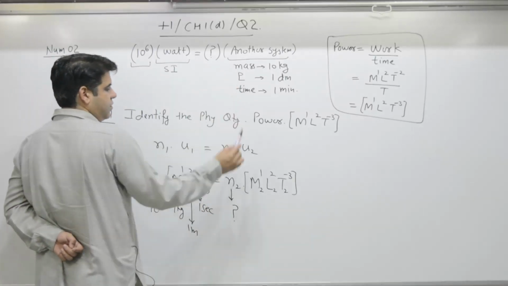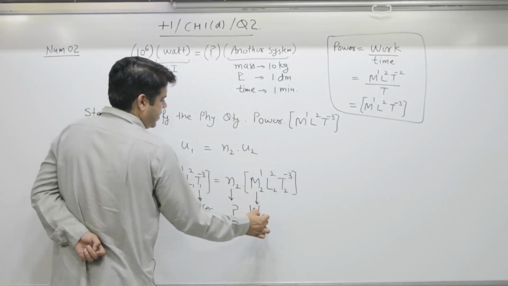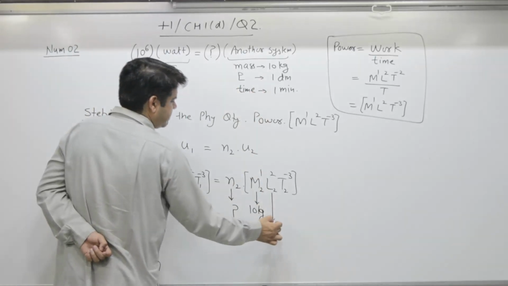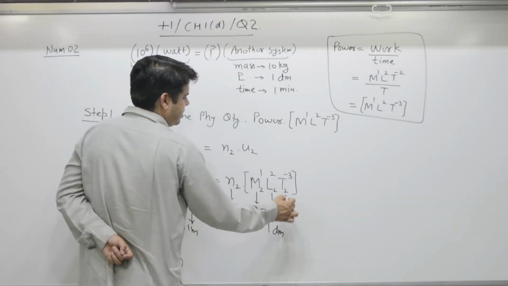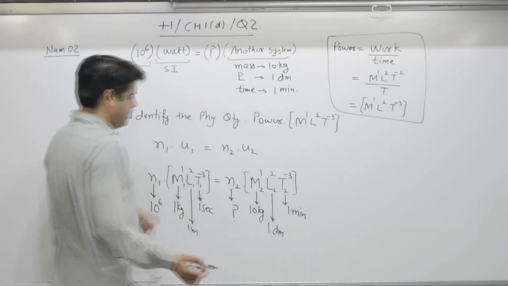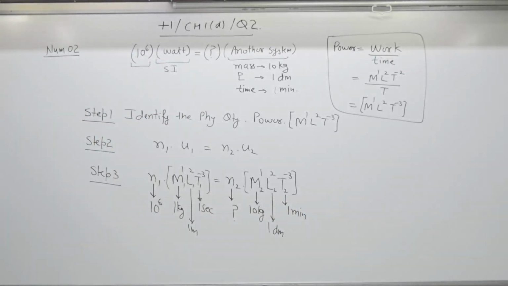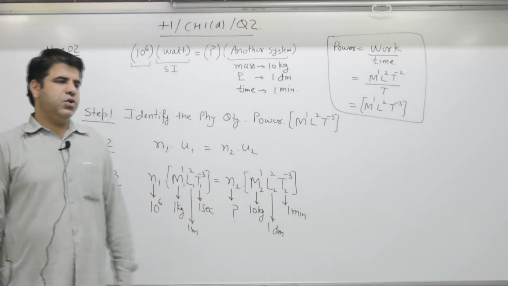Another system where mass is 10 kg, length is 1 decimeter, time is 1 minute. You have to find out N2, so keep N2 on one side and shift the whole arrangement to the other side in the denominator.